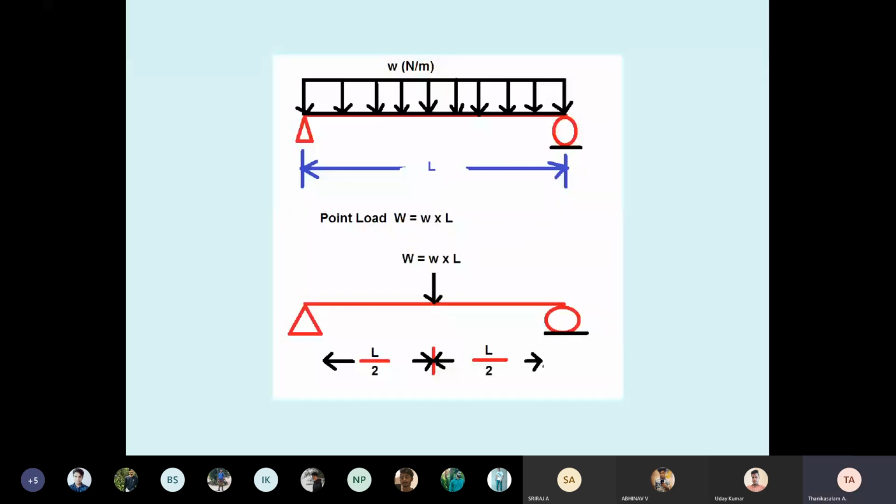Consider the UDL as a rectangle. The rectangular area is the point load, small w into L. Small w is Newton per meter, length is meter, so meter cancels and it becomes load in Newton. Where is it acting? At the middle of the rectangle, L by 2, L by 2. Do you understand, Nitish?